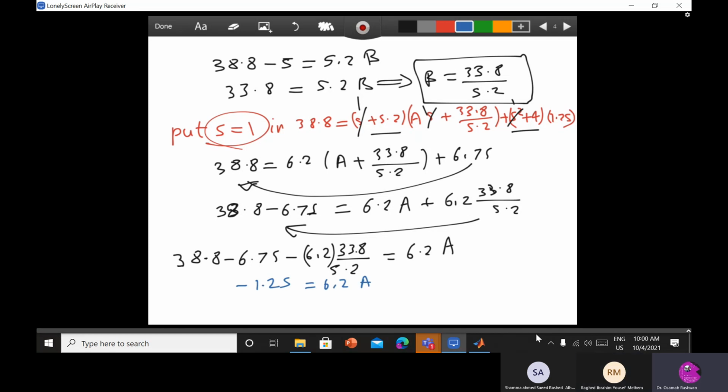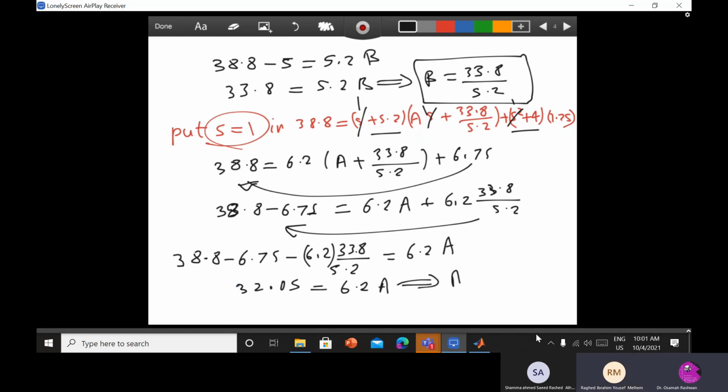Equal to 6.2A, right? Just piece per piece, please. Okay. Yes, this equals 32.05. So 32.05 equal to 6.2A.